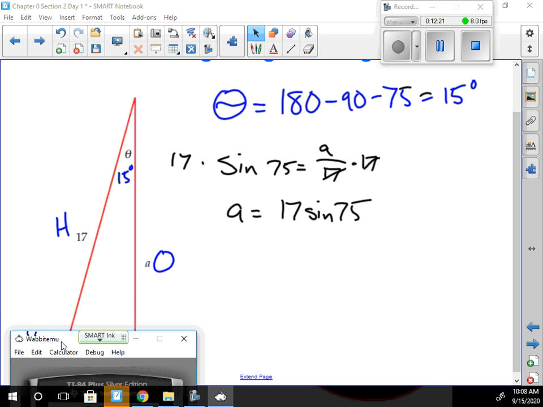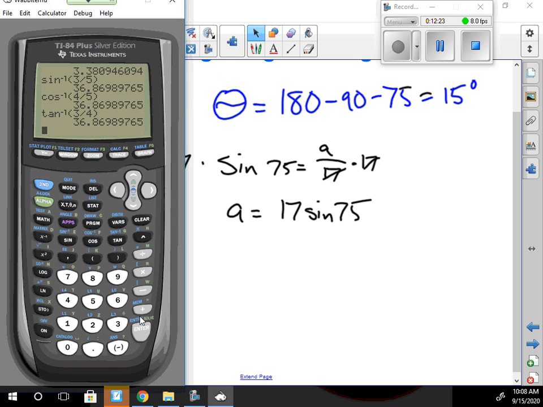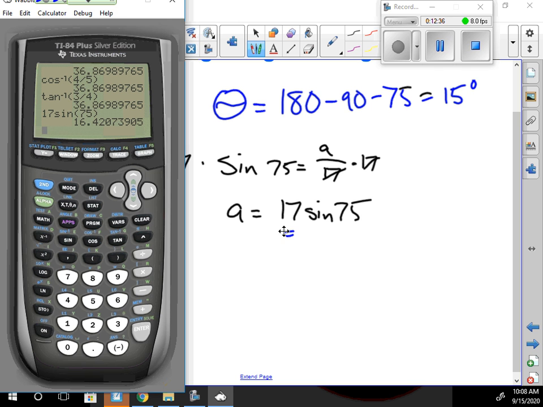Now all I have to do is put that in the calculator. 17 sine 75, and I get that A is 16.42.